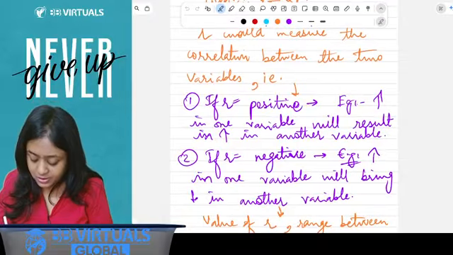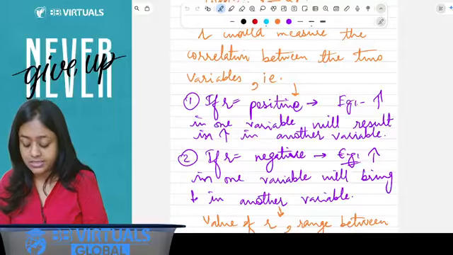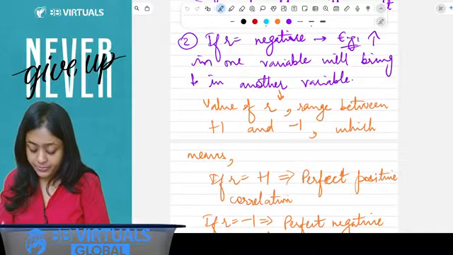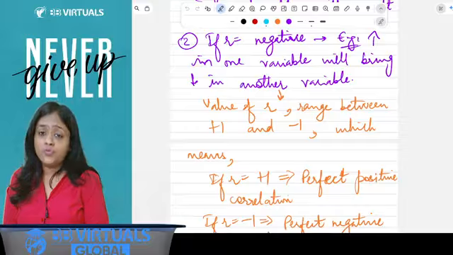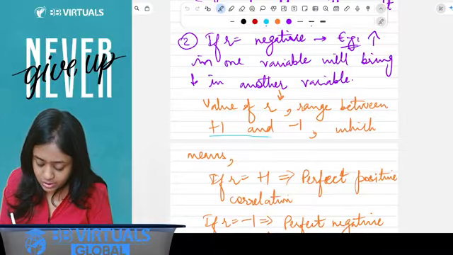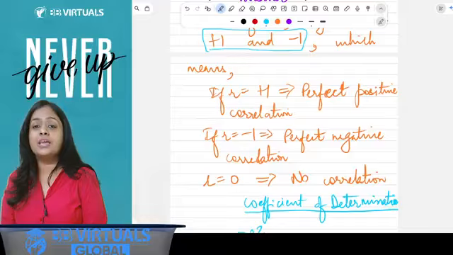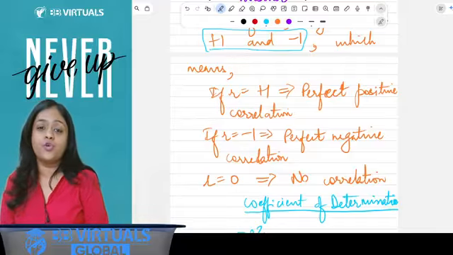If r is positive, like I told you, an increase in one variable will bring about an increase in another variable. Opposite when r is negative. The value of r will always fall within +1 to -1. In this range only you will always find r values. If r is +1, we say it's a perfect positive correlation.